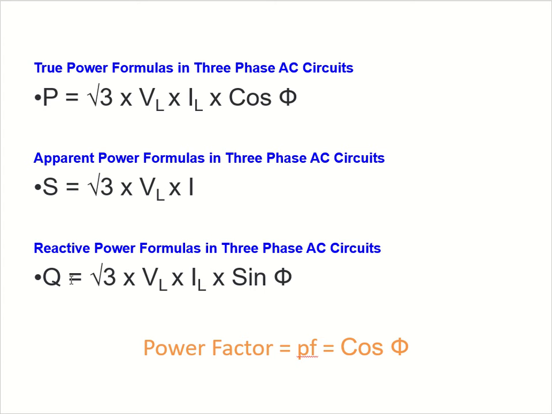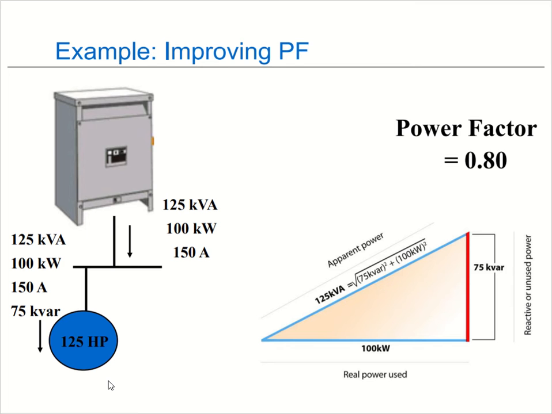And your reactive power formula is Q equals square root of 3 times the line voltage times the line amperage times sine phi. And the power factor formula is cosine of phi, which is your angle, based on the triangle that we have seen before.